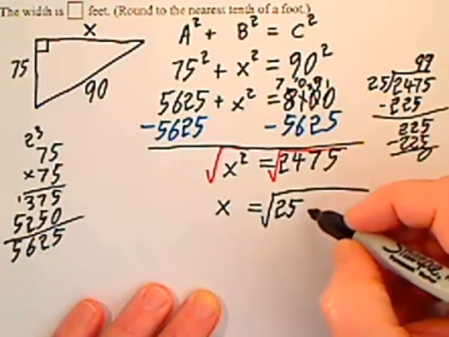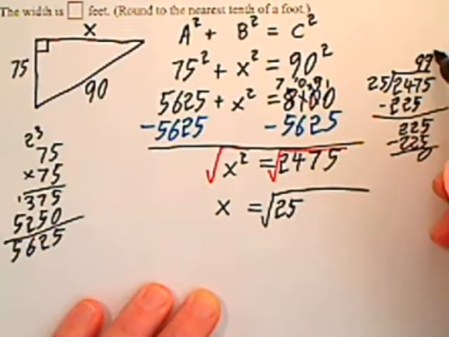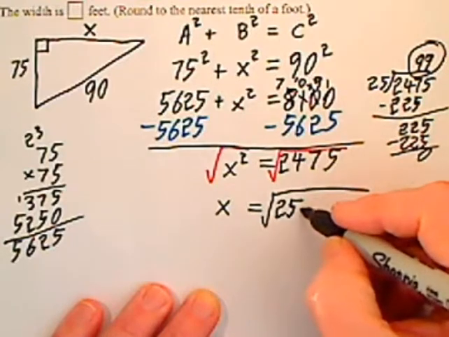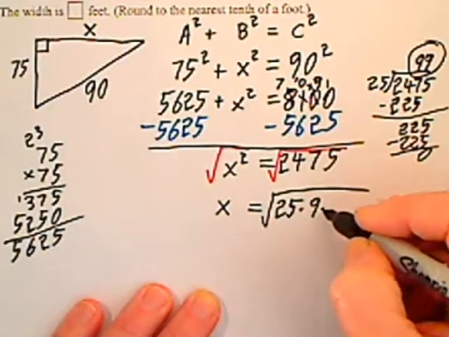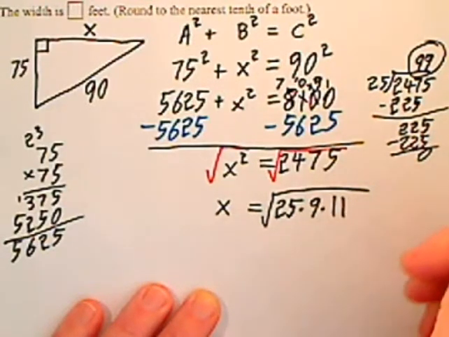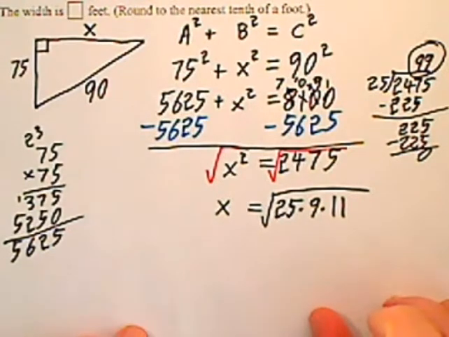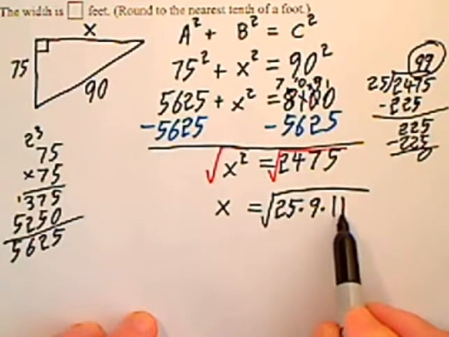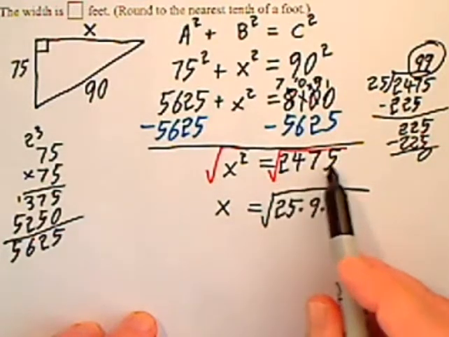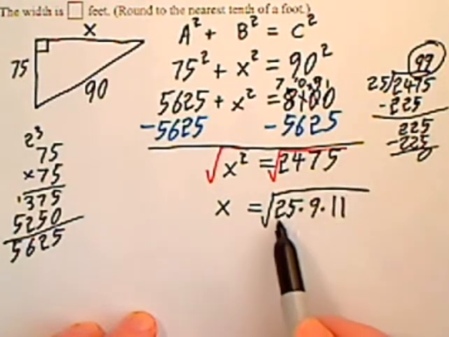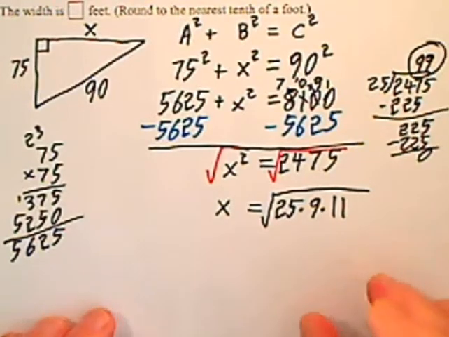But instead of saying times 99, I realized that 99 can be written as 9 times 11. So if I multiply these three together, I will get 2,475. I've simply rewritten what's underneath the radical sign.